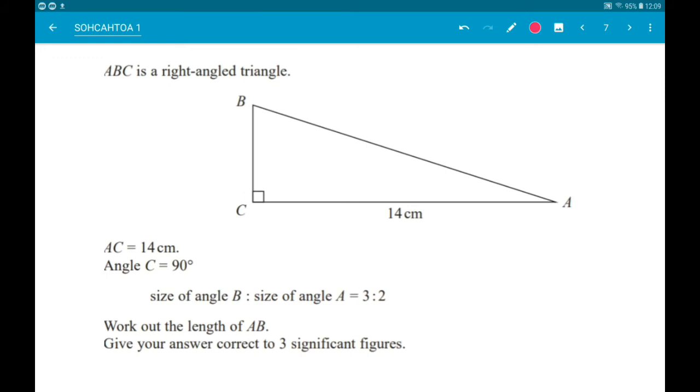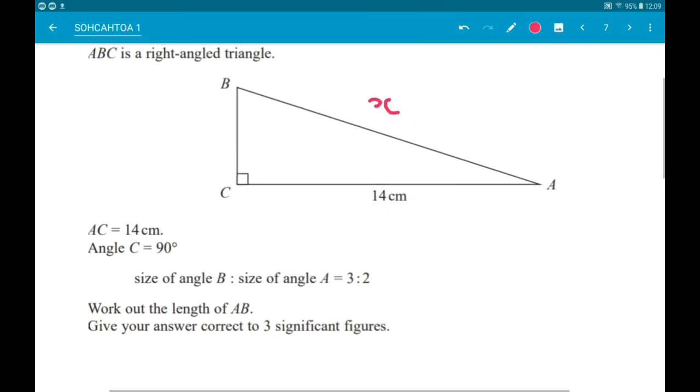So the one that we want is the hypotenuse. Okay. What we need then is to find either angle A or angle B, and then we can apply SOHCAHTOA to our heart's content. To do that, we're going to need to play with the ratio.